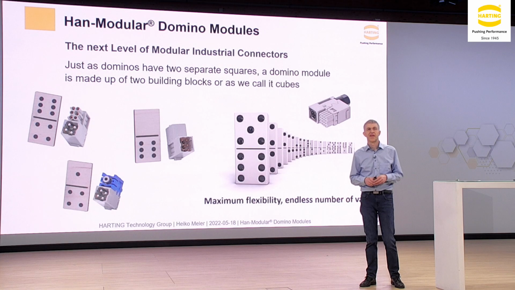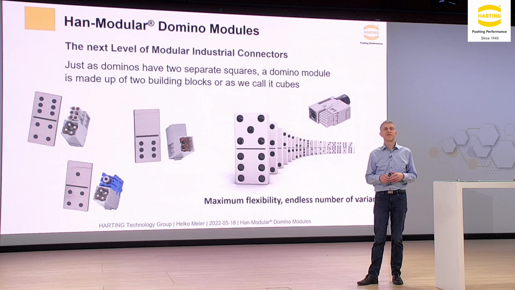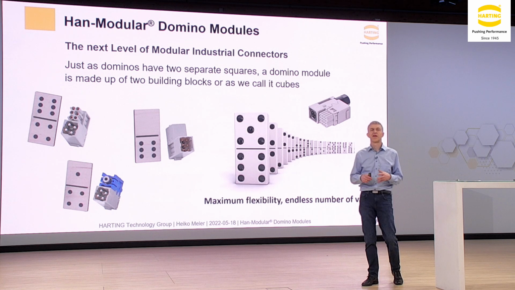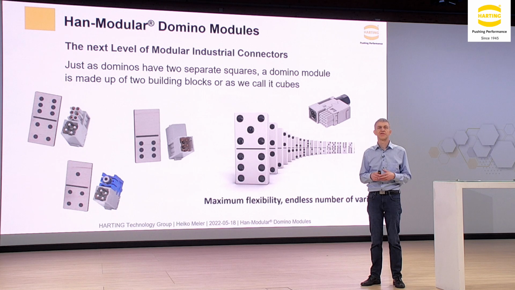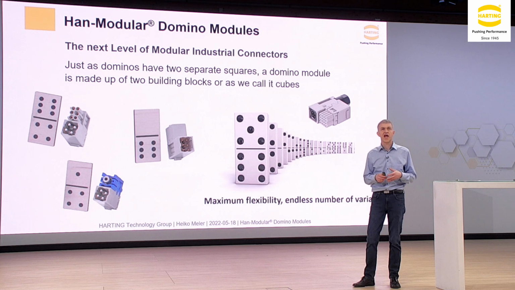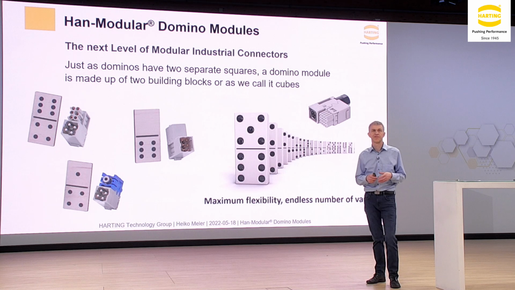Yeah, as you could see in the video, that is how the idea came up to name it domino modules. Just as dominoes have two separate squares, a domino module also has two parts, two building blocks. So we call them cubes.